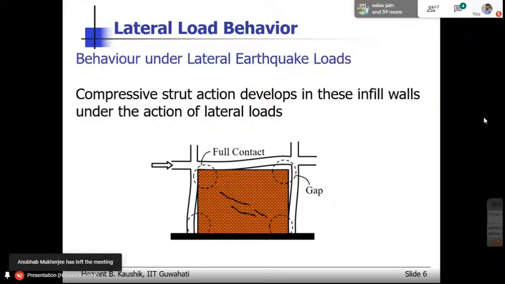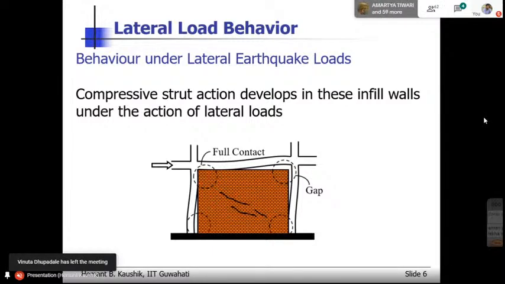When you insert this masonry wall as infill inside this frame, then this infill wall will not allow that free flexible movement of the frame. Now, because of that, what will happen? Some part of the frame will remain in contact with the masonry wall, and some part of the frame will be detached.